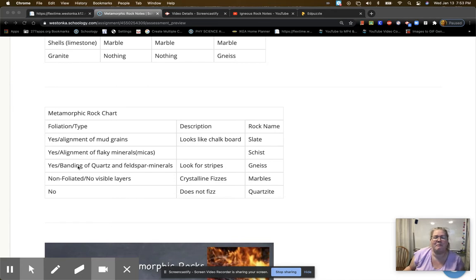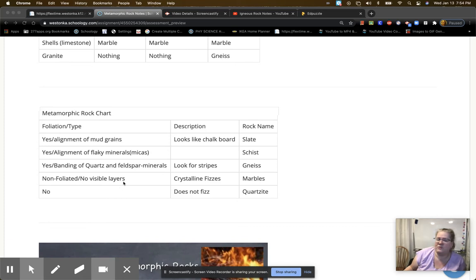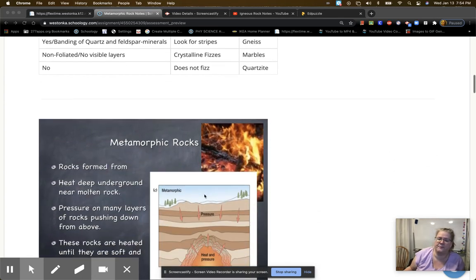If I see bands of quartz and feldspar, and you're looking for definite stripes, like white and black, that's a gneiss. Marble, no visible layers, crystalline, and it fizzes with acid, it's marble. And if there is no foliation and it does not fizz at all, then that's quartzite.